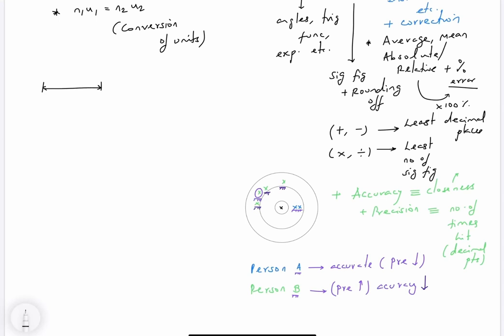Let's say I give the name of this line as two, not centimeter. Well, let me just take anything, two bricks. Notice how I've constructed this thing.